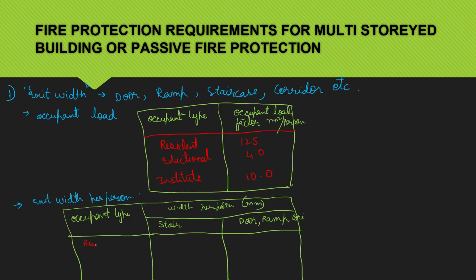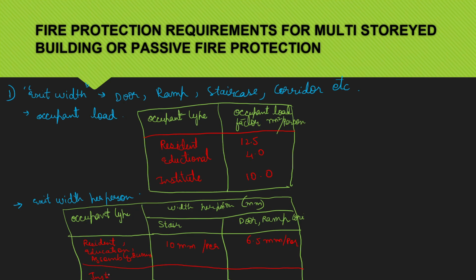For residential, education, assembly, and business, the exit width per person for staircase should be 10 mm per person. And for doors, ramps, and corridors, we need to have 6.5 mm per person.